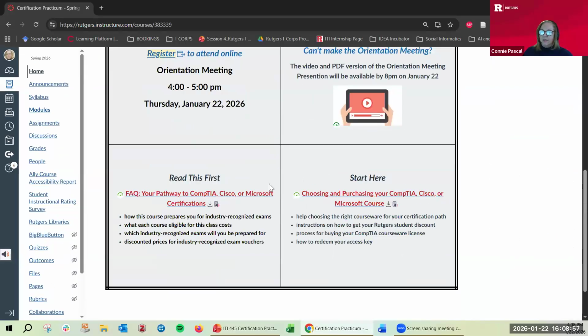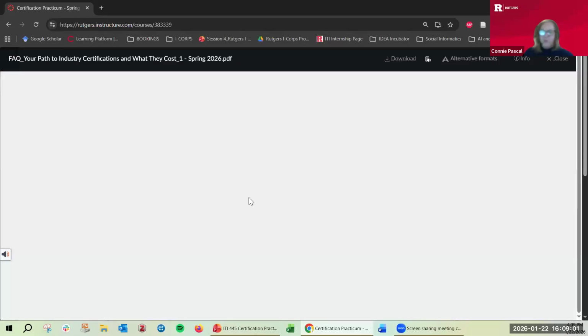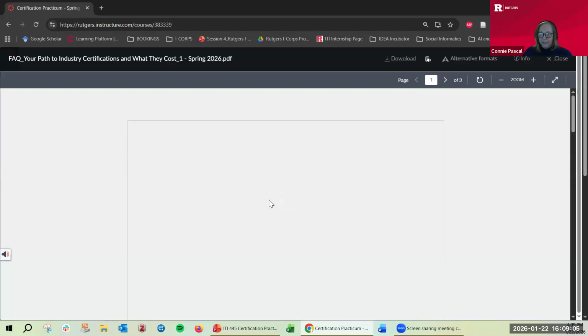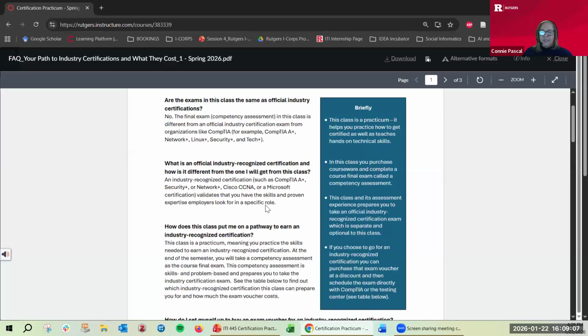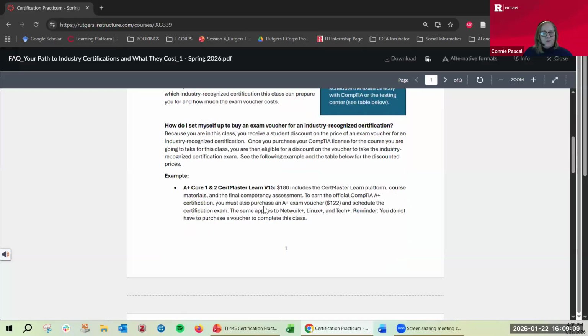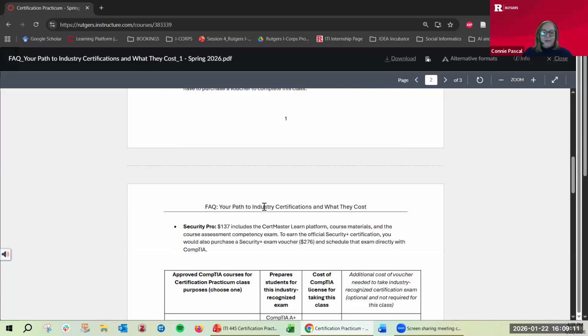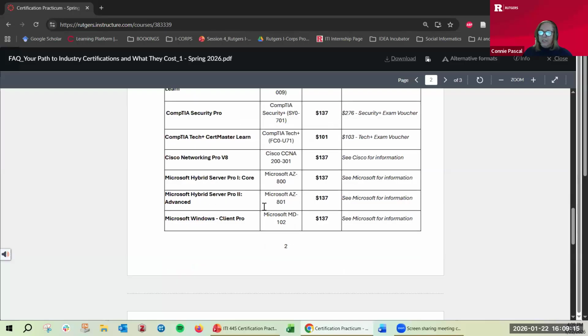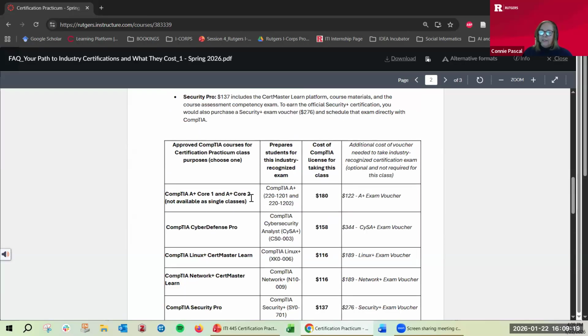So this is the Canvas site. This is your pathway to industry certifications and what they cost. You can go through this; it gives you an FAQ for pretty much everything we're going to cover, and if you forget something, you can come back and reference this document. This is the courseware that you're going to take here.